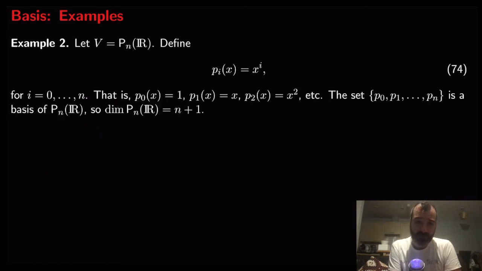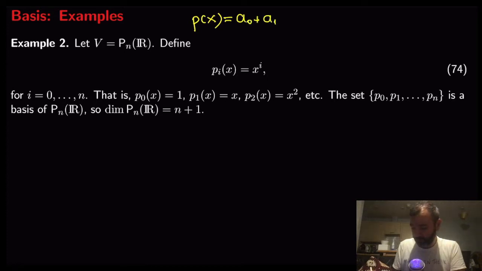But here is another example, a more interesting example, because we have vector spaces different from Rn. Like this one, take V to be the set of polynomials that have a degree up to n. What is a polynomial? Do you remember? It's a function p of x, which is like a0 plus a1 times x plus a2 times x squared.